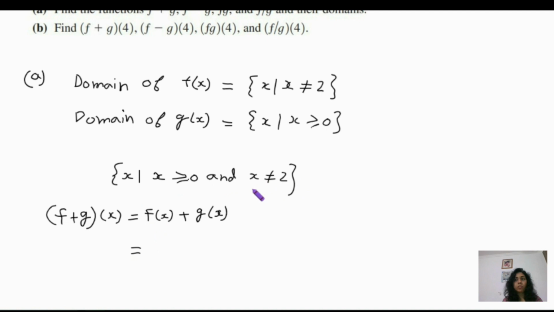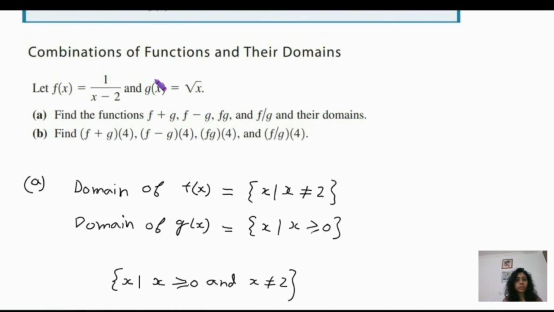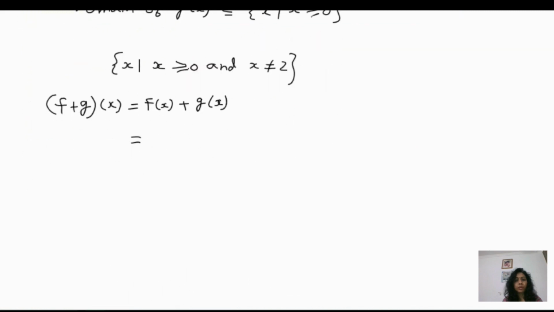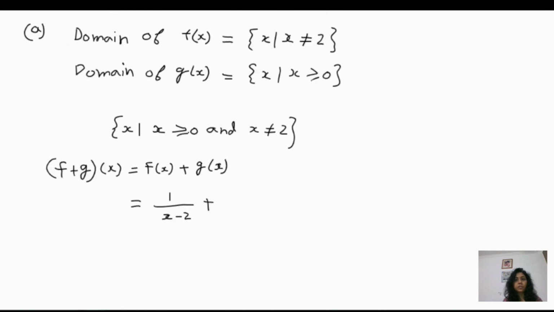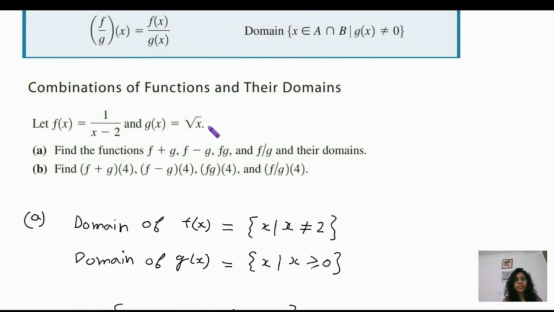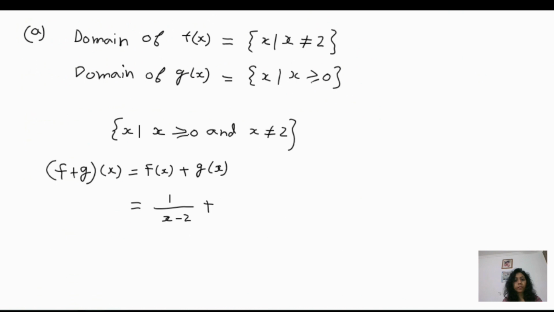Now what is the f(x) function here? 1 upon x minus 2, we can replace here, and the g function is square root x. Okay, so this is the answer for this one, and its domain is this.